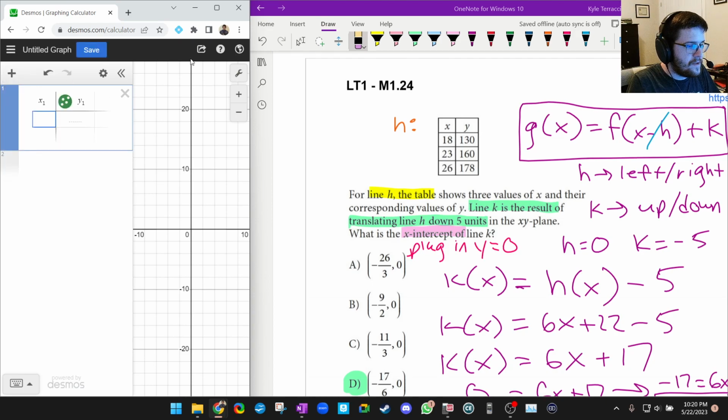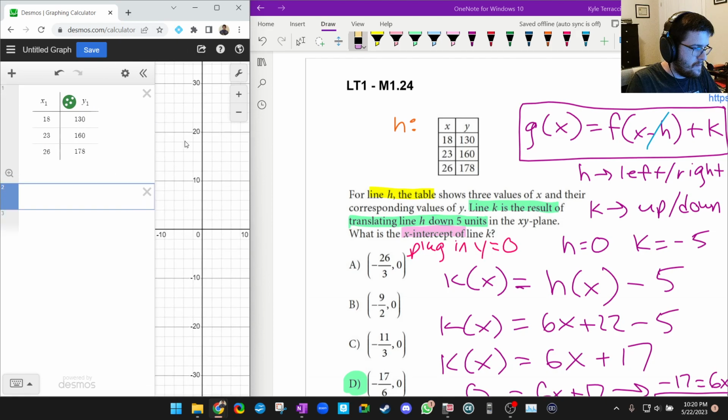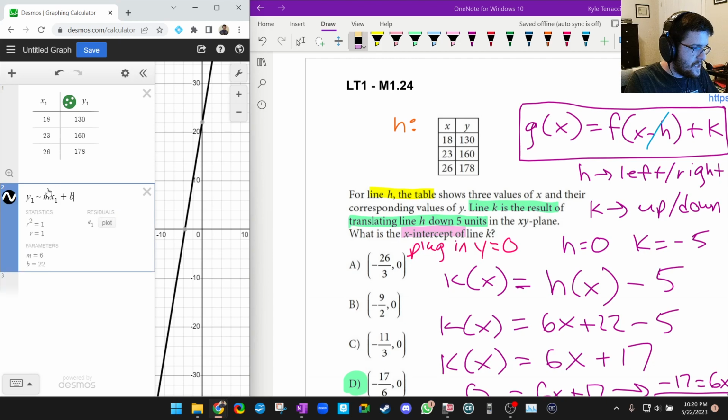I'm going to make a table, and I'm going to type all this in: 18, 23, 26, and 130, 160, and 178. And I'm going to use regression, y1 tilde mx1 plus b.